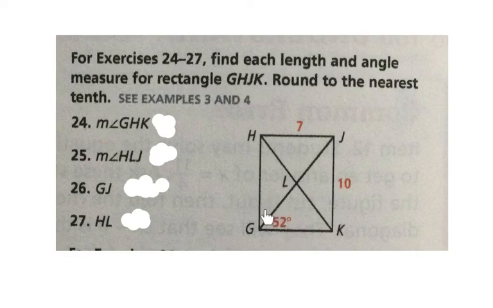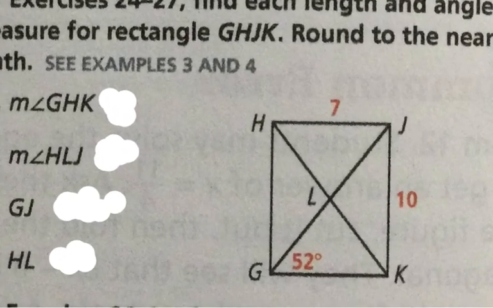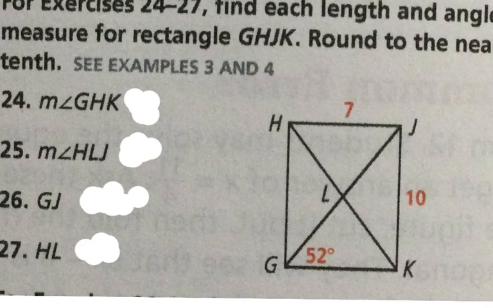So then what would this smaller portion of G be here? It is going to be 38. It's going to be 90 minus 52, which is going to give me 38. And K would still be 90, but the inside of it would be 52 and the outside would be 38.